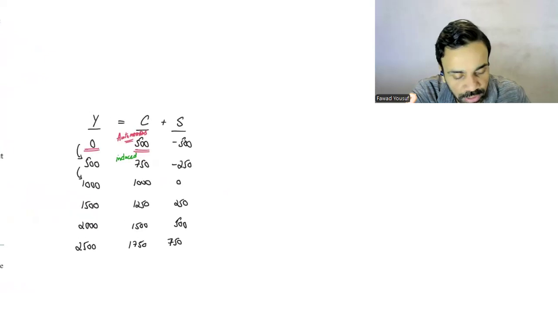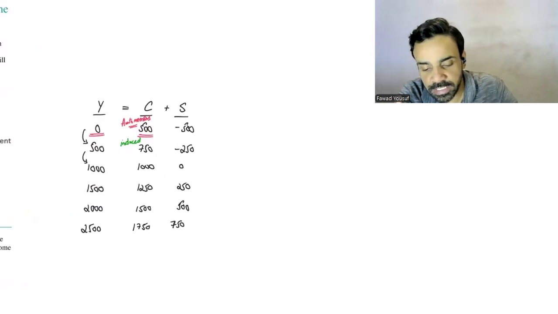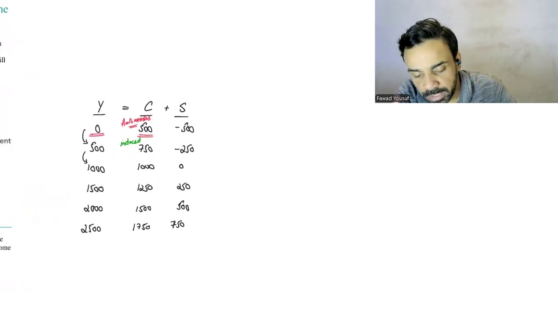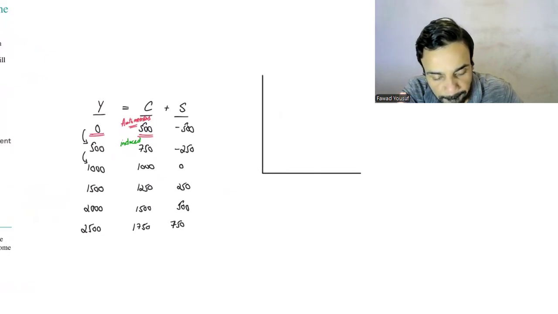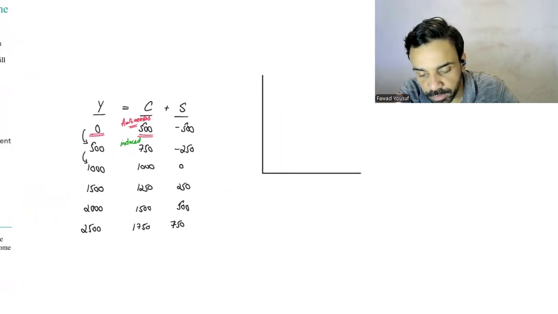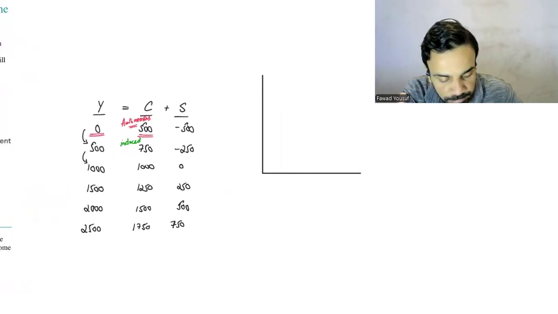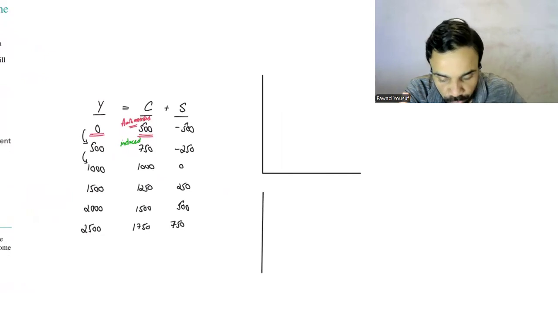Now, when I draw these diagrams, this is how they look. Okay. Let me make this one the consumption line. So this is how it sort of looks like. The two diagrams.